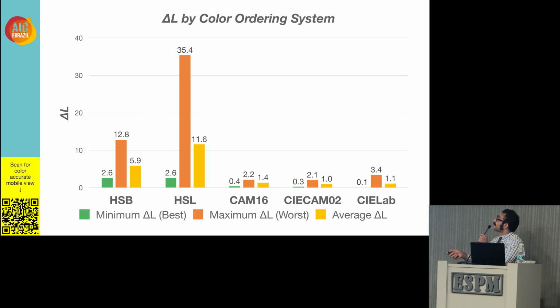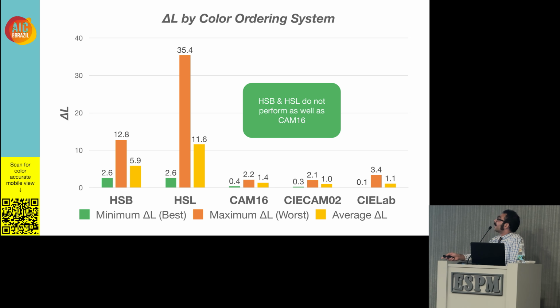But the interesting thing to notice is that HSB and HSL never perform as well as CAM16 or even CAM02. Their best values are higher than CAM16 at its absolute worst. So we can already tell that HSB and HSL just do not correspond to Albers as well as CAM16 does.